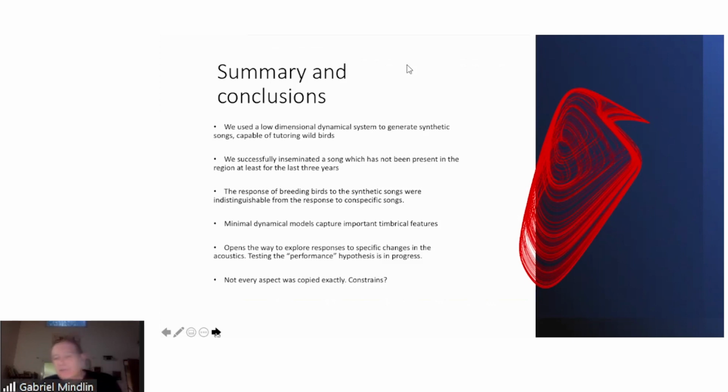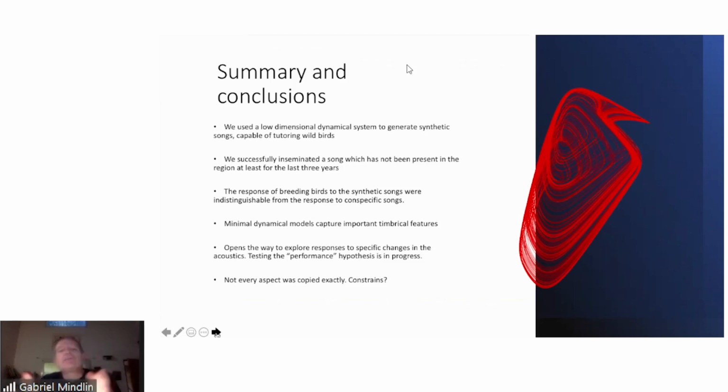So for us, having this tool opens very interesting tools from the point of view of ornithology, because we can explore things like, for example, whether the skills necessary to widen the acoustic features are important, and so on.